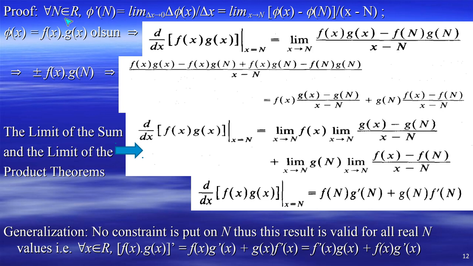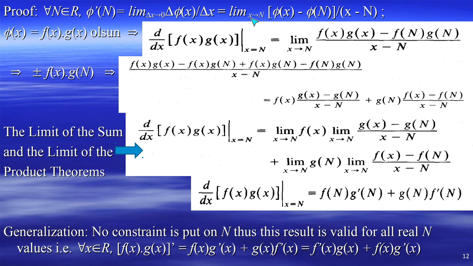For any n which belongs to the set of real numbers, we take phi of x again as a general function. Phi prime of n is the limit when delta x goes to 0 of delta phi over delta x. This is the definition of the derivative at a point.